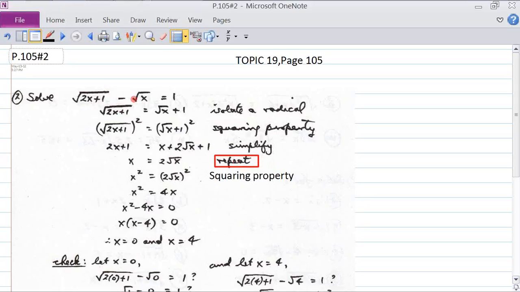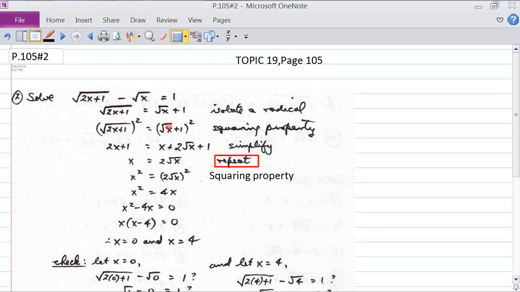So what we're doing is moving this from the left to the right. We're isolating a radical. Now we square the left side, and now we square the right side. Notice we have to put a bracket around this whole thing when we square it, because it sums first and then it squares. So 2x plus 1 squared gives us 2x plus 1.